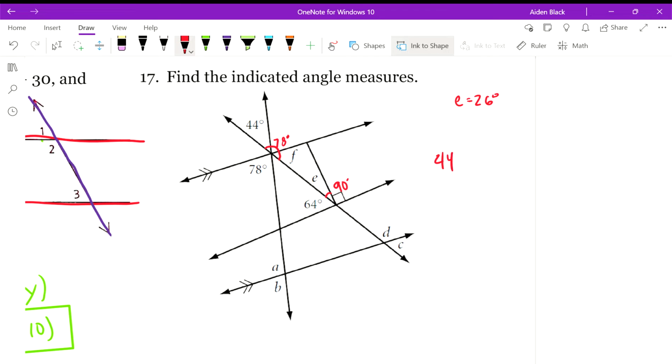So 44 and 78 will give us 122. The supplement of 122 is 58. So F is 58 degrees. Okay, make sure I did that right.